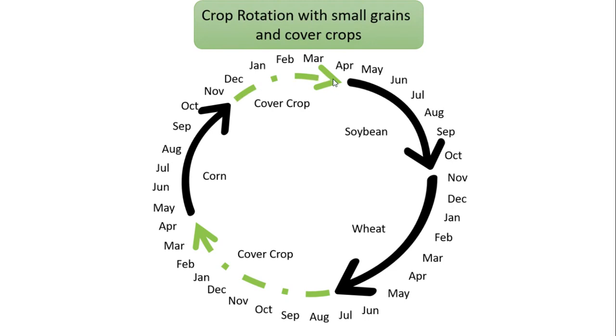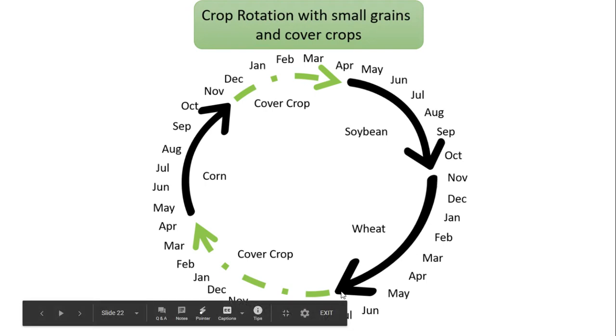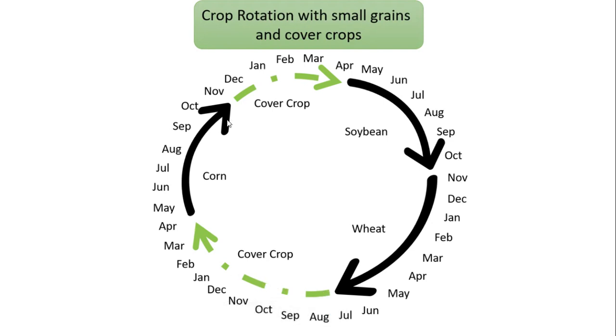So you can see here, they're following a similar path where they're growing cover crop and then they're growing a legume, the soybean in this case, followed by a heavy feeder, which is the wheat. Then they're going back into a cover crop and growing another heavy feeder, which is corn.